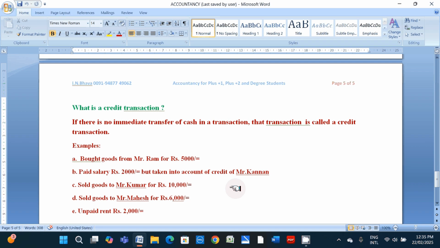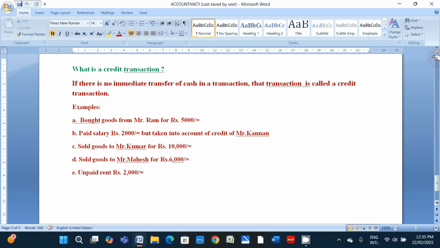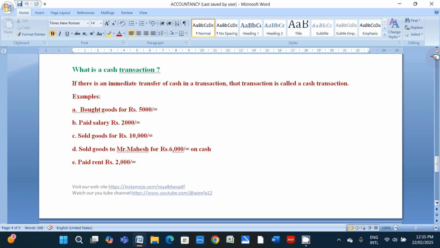It is called a credit transaction. When we are journalizing all the transactions, we will find out what each is. So we have to worry about all these things when we are journalizing.